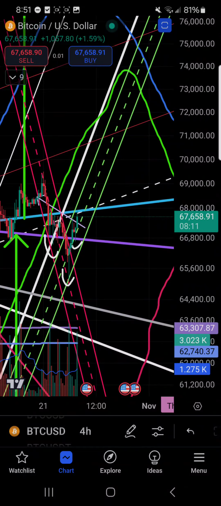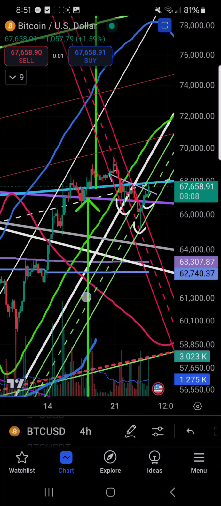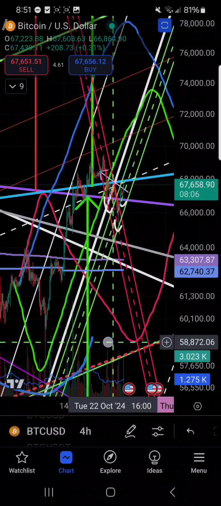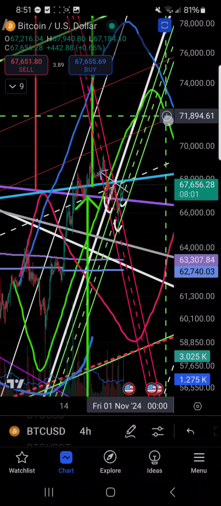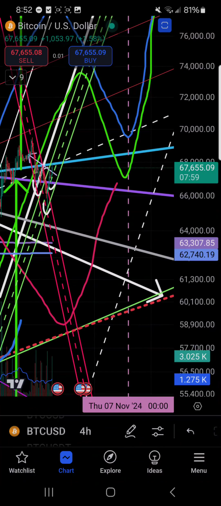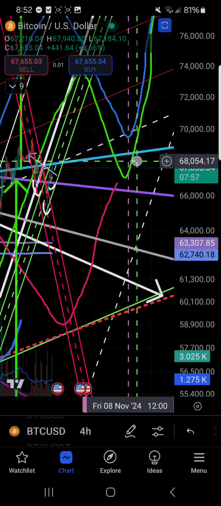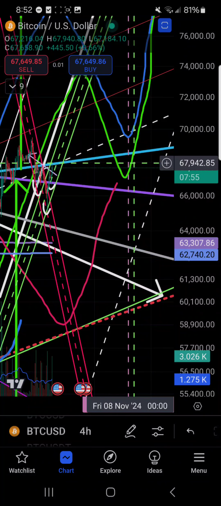I've always thought, what I predicted, is that we would head up this green line here and then come back down, heading into the first week in November, into the FOMC meeting and the election and the jobs data and all that stuff that is happening. Jobs data comes out Friday, November 1st. Election is on Tuesday, November 5th, and FOMC meeting is on the 7th of November, Thursday.